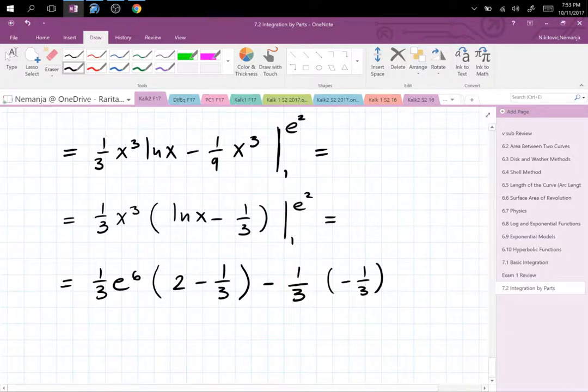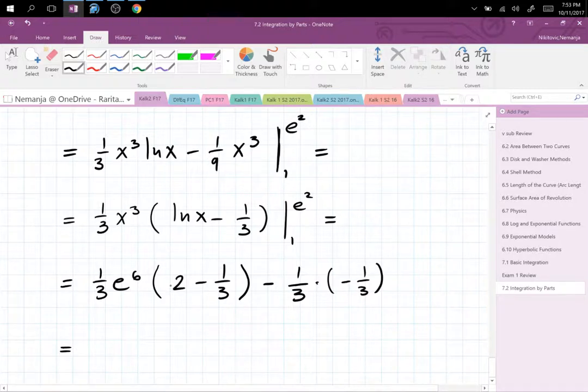So when I plug in e squared, I get 1/3 e to the 6, and then this is 2 minus 1/3. Minus, when I plug in 1 over here, I get 1/3 times 0 minus 1. Yeah, it's good.